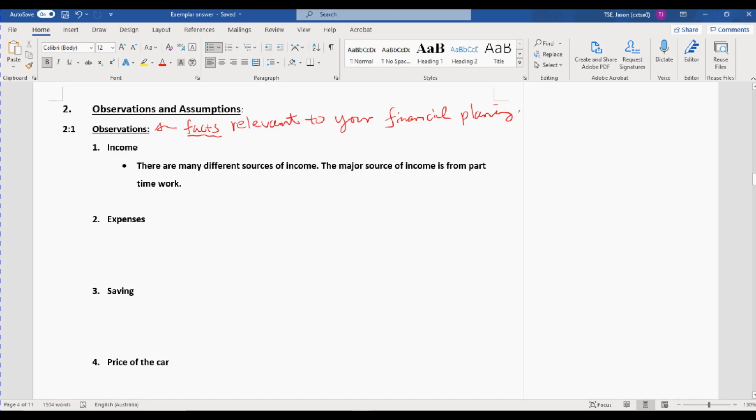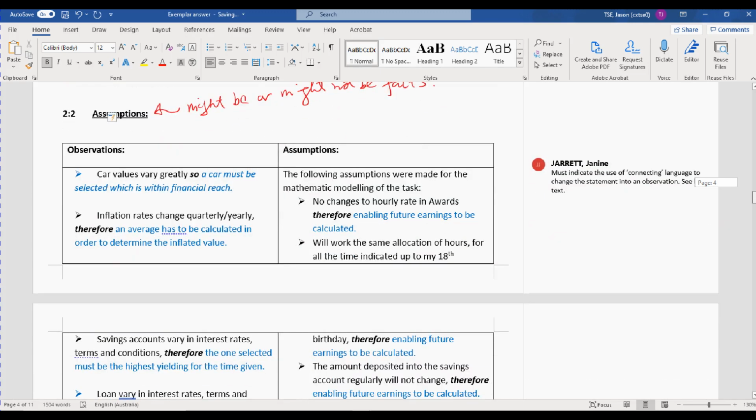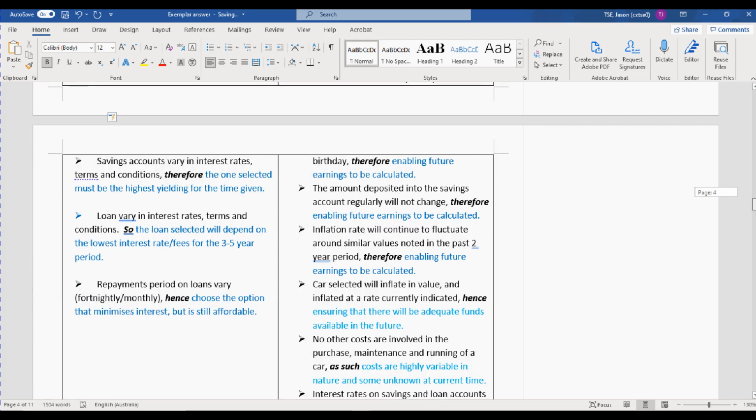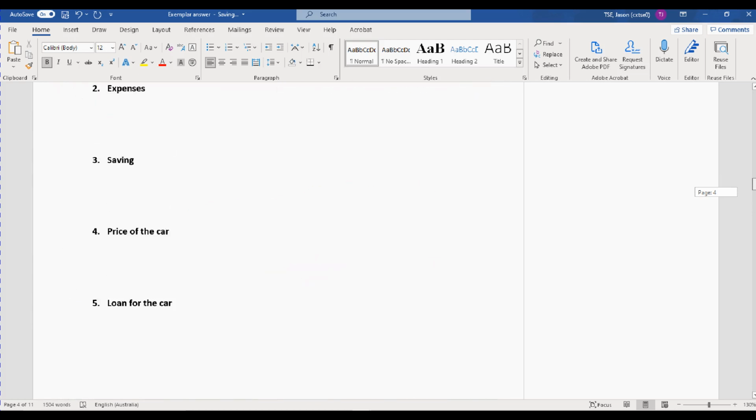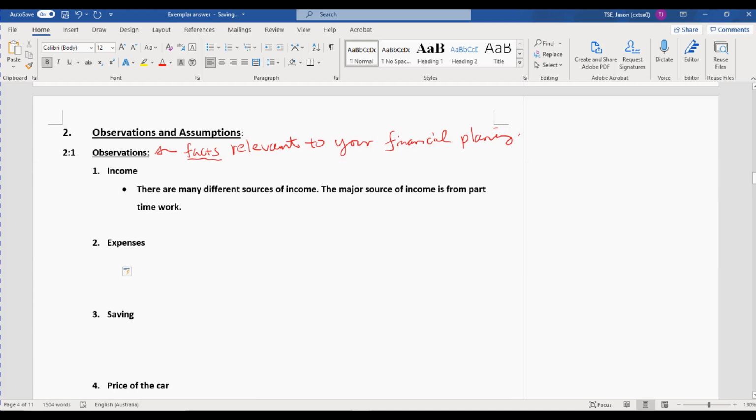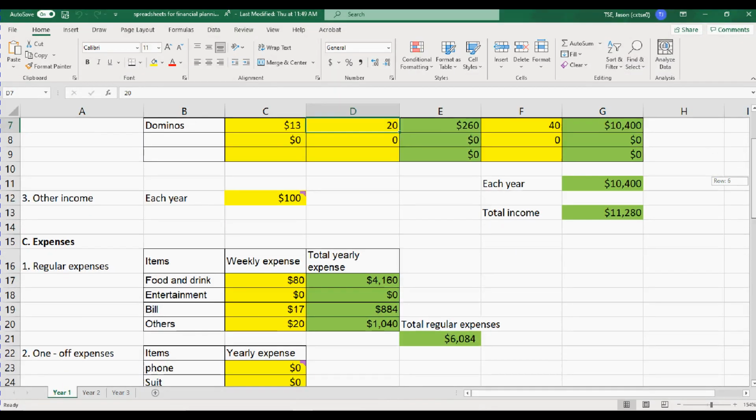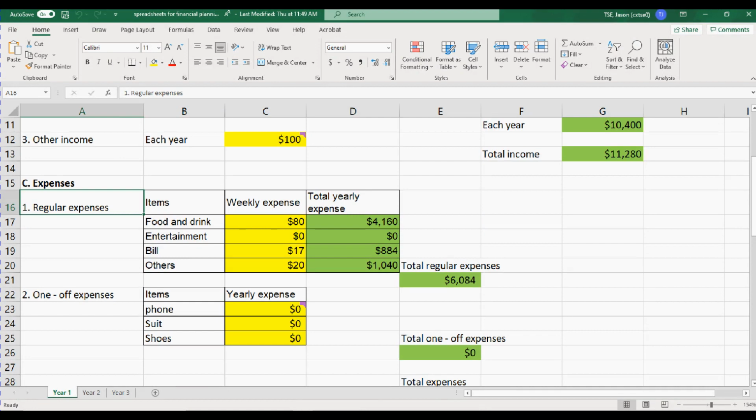How about the expenses? Let's see if there is anything suggested here. Not much, so you have to think about any observation for the expenses. Let's go back and see. There are regular expenses and there are one-off expenses. Sometimes your regular expenses are easier to predict, but how about one-off? Sometimes it's not that predictable.